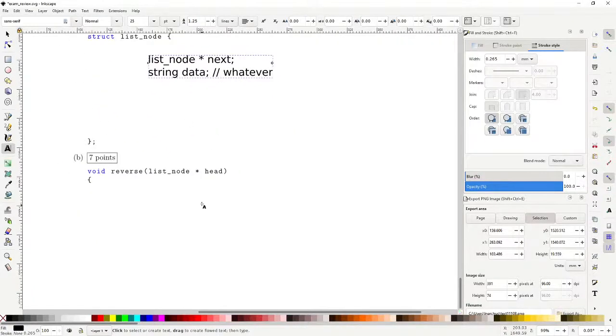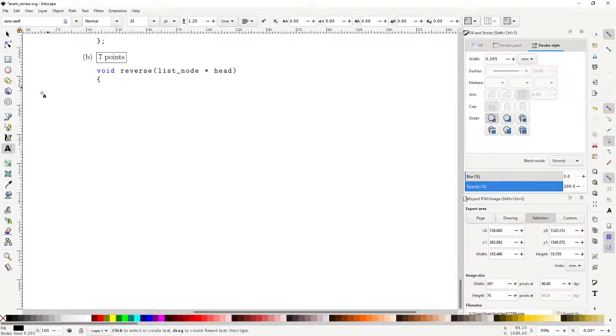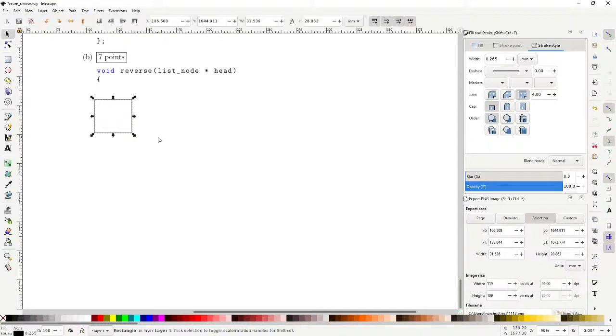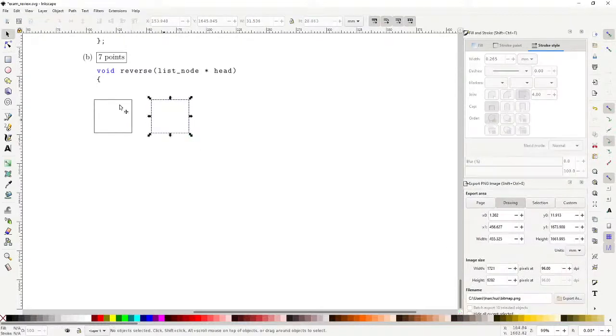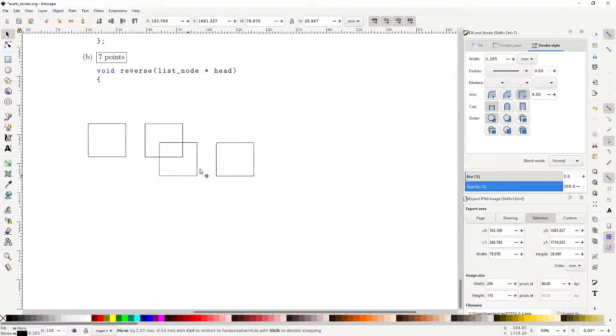Okay. So this is actually a good problem to think through, just how to reverse a linked list. It's a coding problem that you see on a lot of hiring stuff, like whiteboarding interviews.